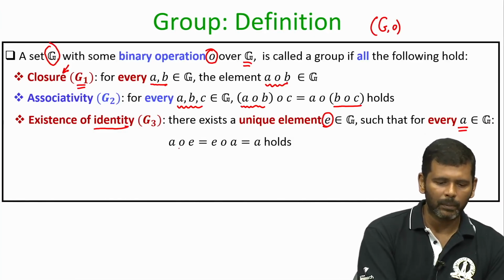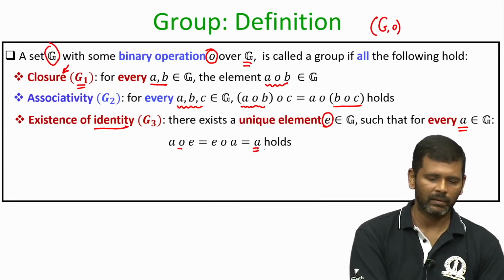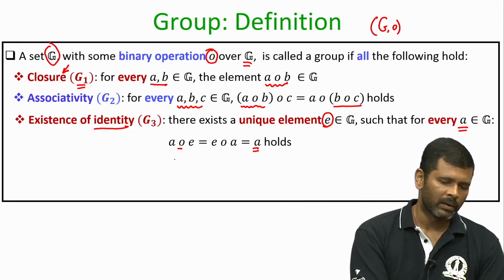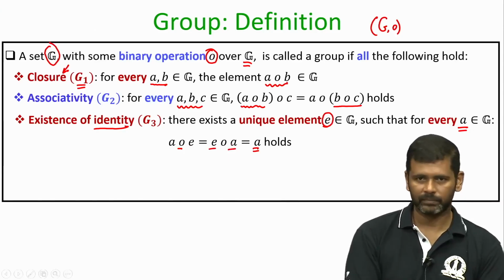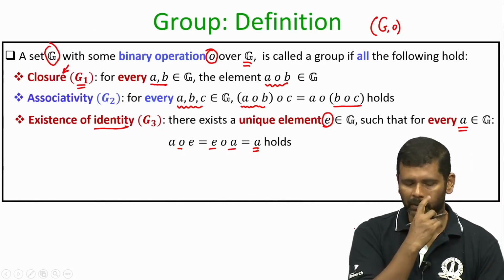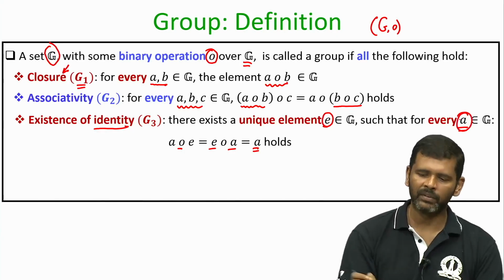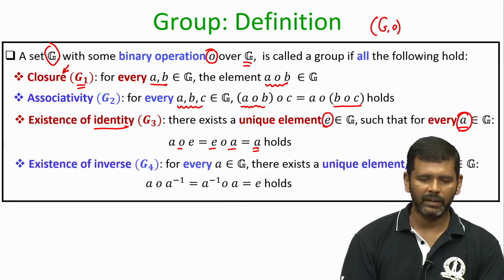If you perform the operation O on the element a and the identity element, you will obtain the same element a, and this holds even if you perform the operation on a and e or if you perform the operation on e and a. Okay, it does not matter in what order you perform the operation, the result will be a, and this should hold for every a. So, that is the existence of identity.